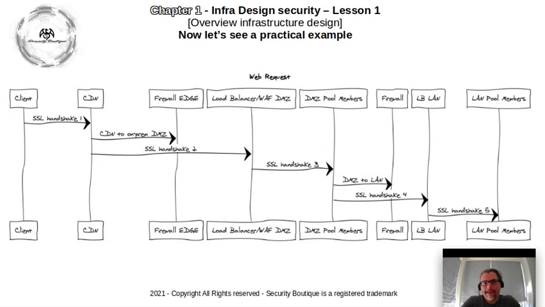So the client goes to the CDN, first SSL handshake. The CDN goes to the firewall edge. Second, but actually, if you don't publish the IP on the firewall, it's probably on the DMZ or on a load balancer. From there, it's going behind into a pool, behind the load balancer and DMZ, into the internal network. Later on, you can have a double hop and they take a classical kind of connectivity.